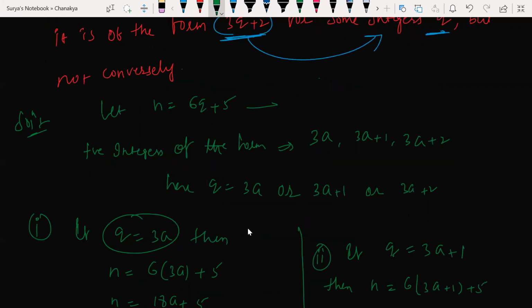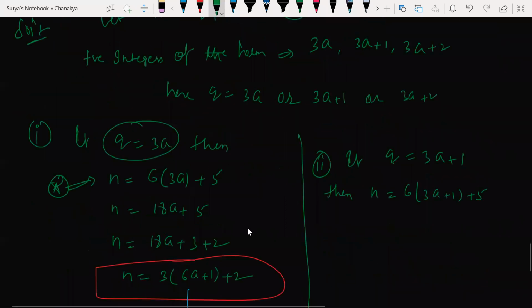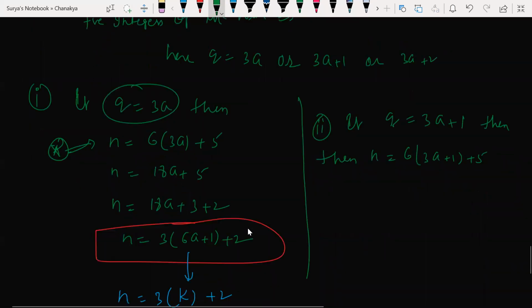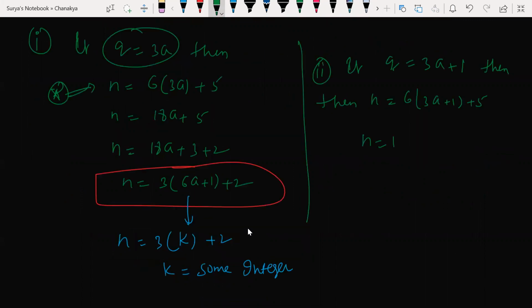Let us consider this as the star equation. From the star equation, n is equal to 18a plus 6 plus 5, which is 18a plus 11.